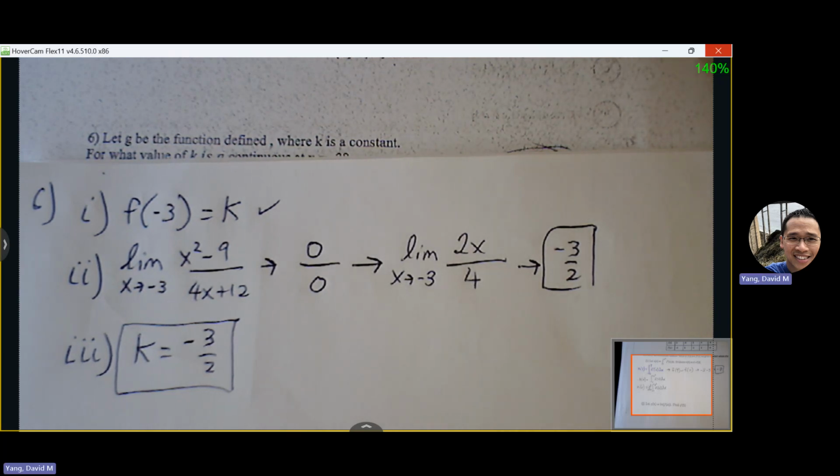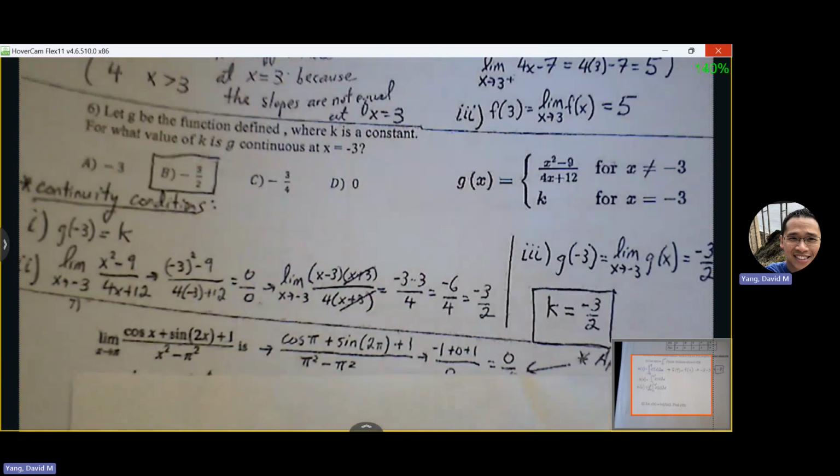Okay, direct substitution should take you to 0 over 0. And we know it's hard to factor, right? So go into L'Hopital's rule.